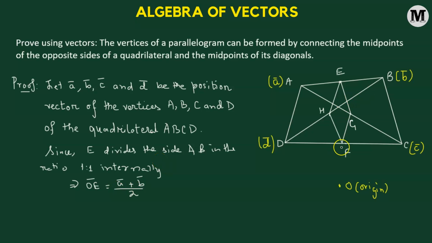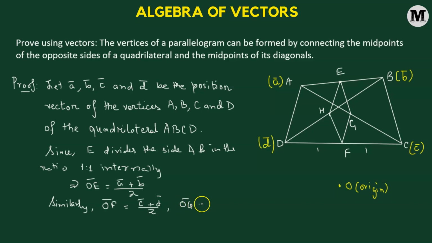Similarly, we can find out the position vector of F, because F is going to be the midpoint of CD, or in other words, F divides CD in the ratio 1:1. Similarly, we can say that OF vector is equal to C vector plus D vector divided by 2.